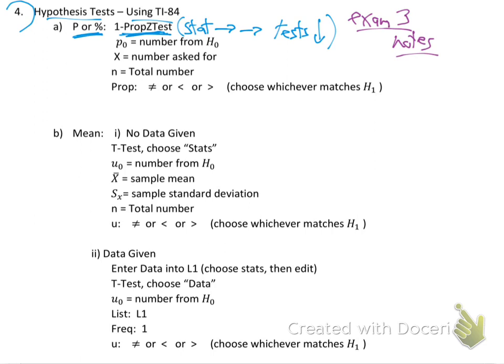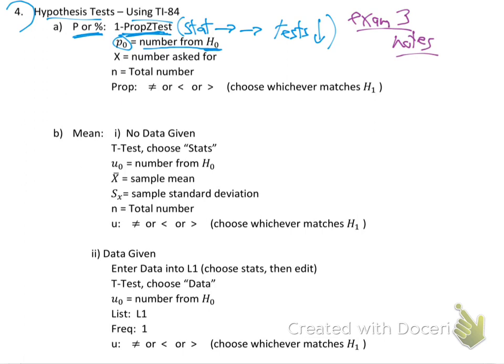When you do that, it'll ask you for a p0, which is the number from H0. We're going to get more and more fancy and advanced using our TI calculator in the rest of this course. So remember that whenever they give you something on the calculator screen with a 0, like p0, that means they want the thing next to H0.